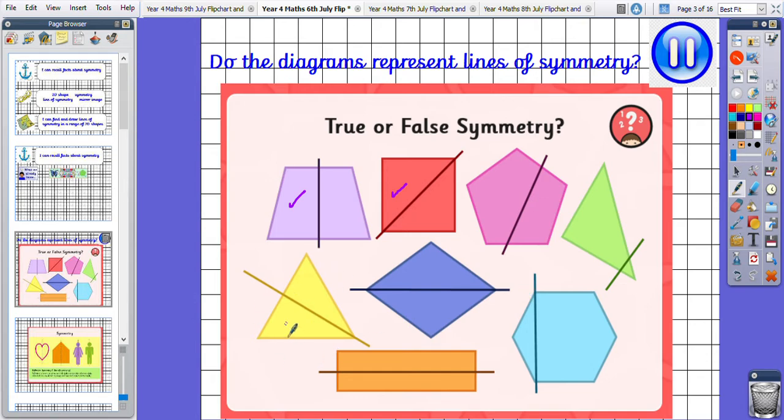This shape here is an equilateral triangle, so it does have a line of symmetry running through the middle. So does this kite. Here, our line of symmetry is not in the middle, so it is false. And finally, this rectangle does.